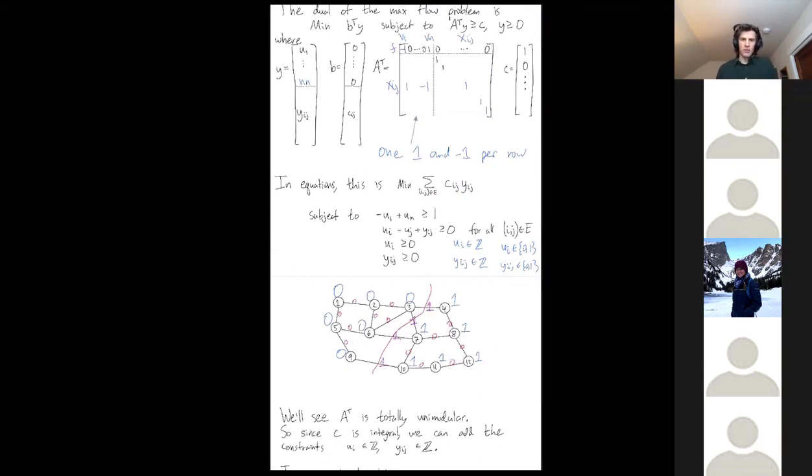And then the main theorem about totally unimodular matrices is that if you have an optimization problem with a totally unimodular constraint matrix, and your constraint vector is also integral, then you don't change the optimum by asking for integer solutions. So this constraint vector is integral, so we can add these constraints that I want ui's and yij's to be integers without changing the optimal solution.